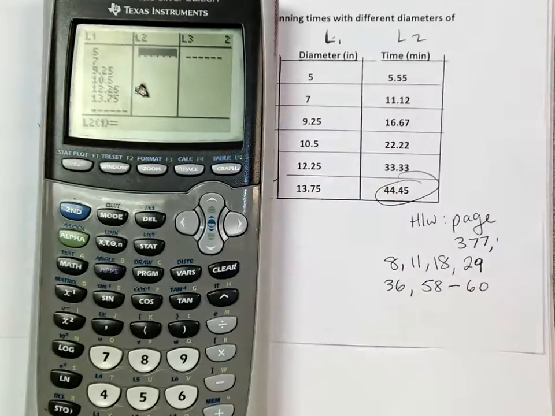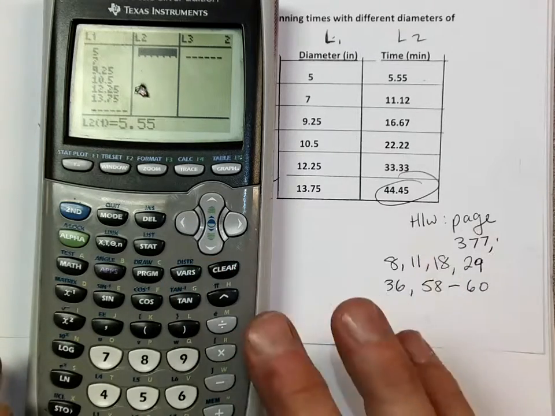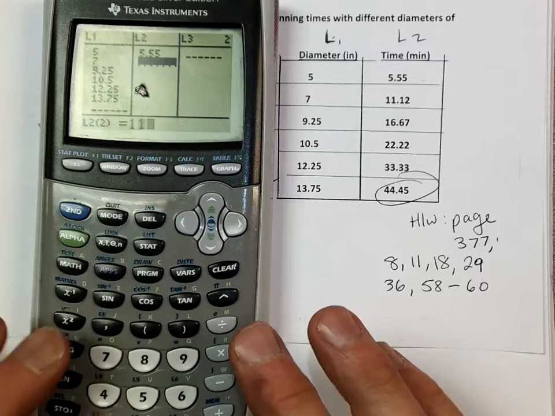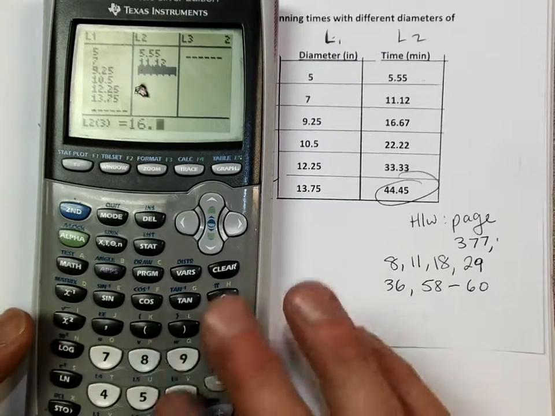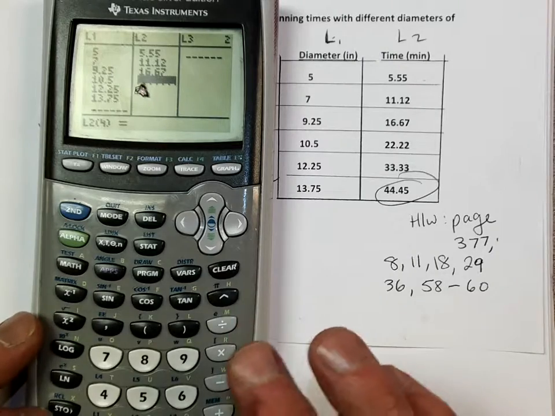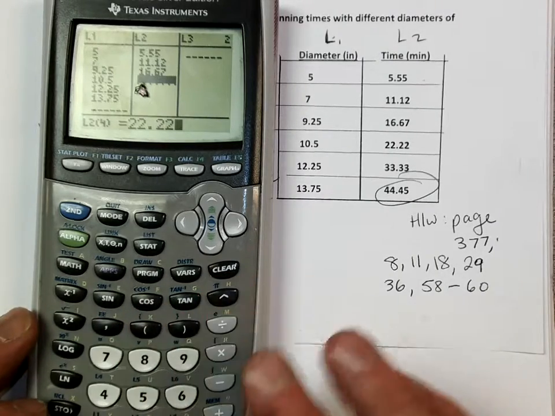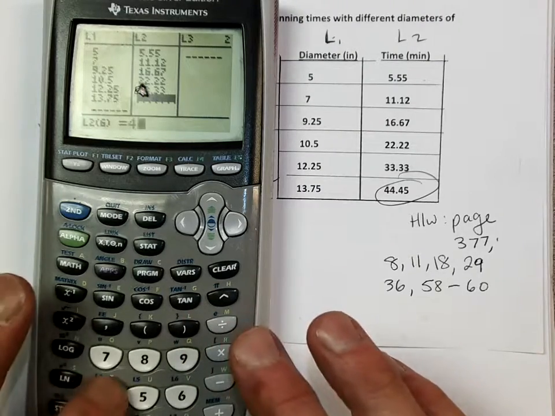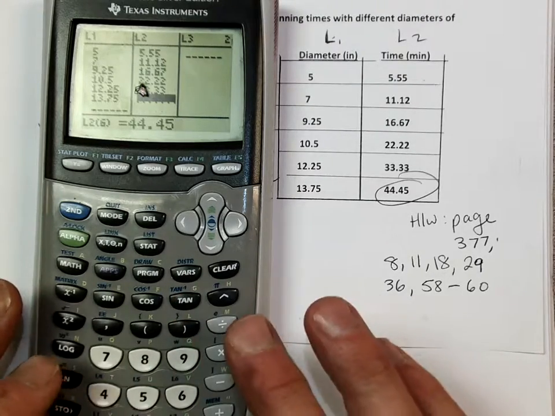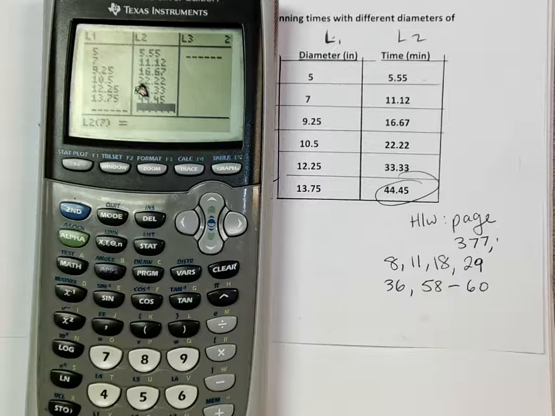So I've got 5.55, 11.12, 16.67, 22.22, 33.33, and 44.45, okay? All right, so put all your numbers in, right?